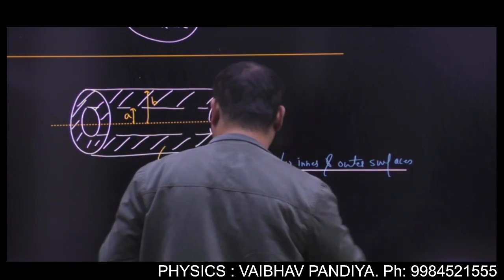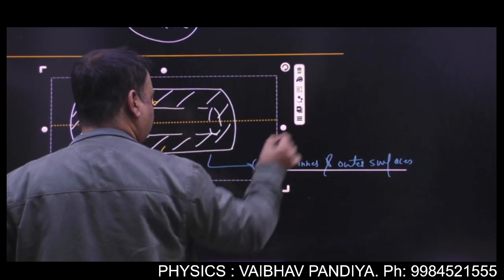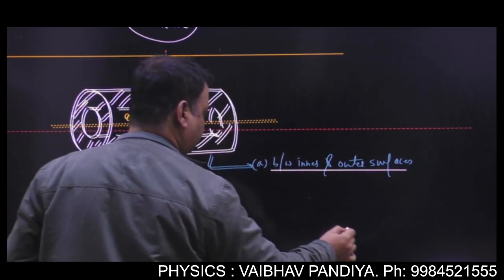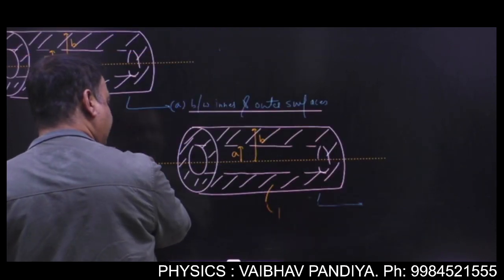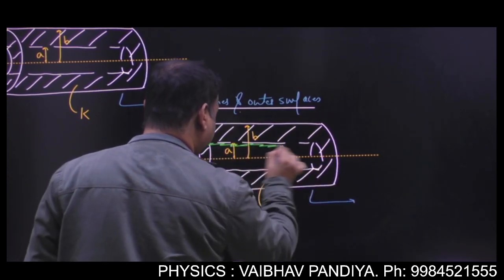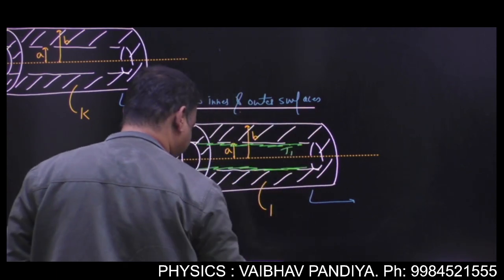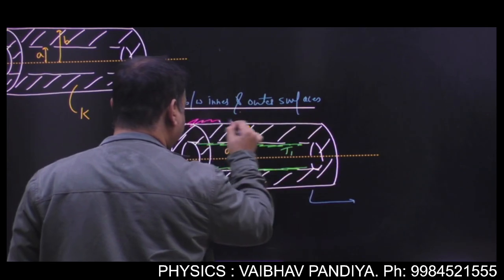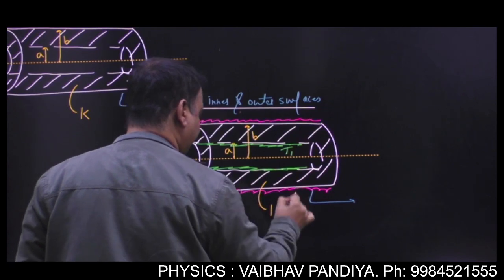It means that the inner surface of the cylinder is at some particular temperature. Are you getting the point? This whole inner surface is at a temperature T1, and this whole outer surface is at a temperature T2.